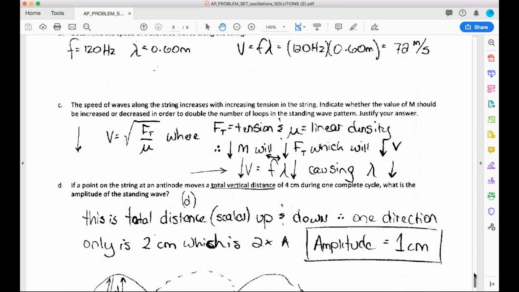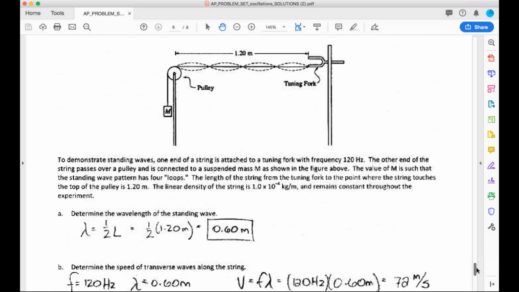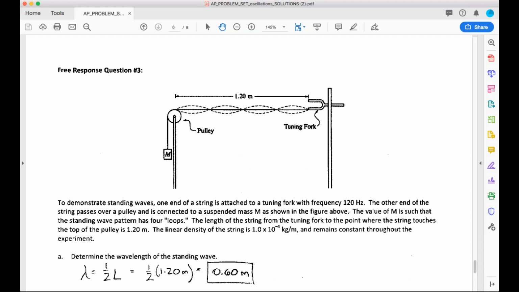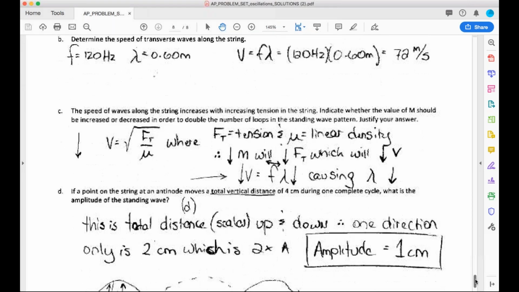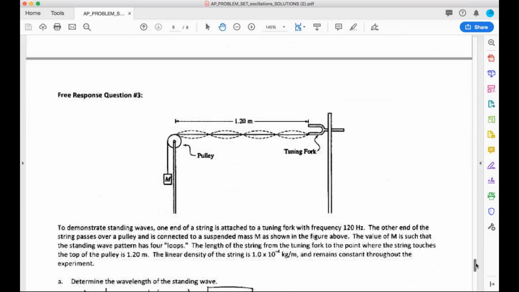So part D is asking, and I would consider this a very important aspect: if a point on the string at an antinode moves a total vertical distance of 4 centimeters, what is the amplitude of the wave?